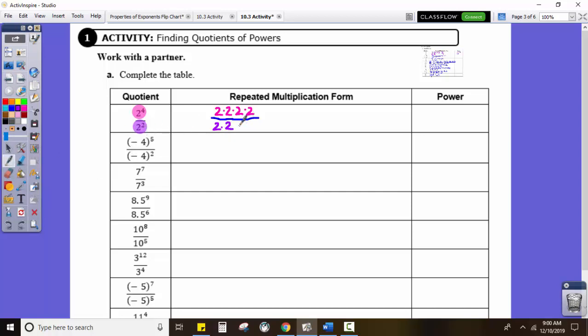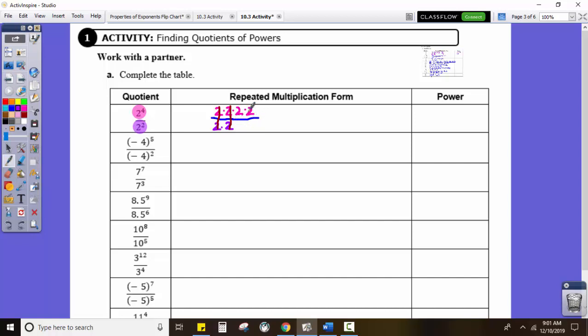Then what I have to look at is simplifying this expression. Remember, anytime I have a number and divide it by itself, it equals 1. So this 2 divided by 2, this pair here, I'm going to cross that out because that's equal to 1 whole. Then the next 2 divided by 2 equals 1 whole. I have nothing else that I can reduce with.